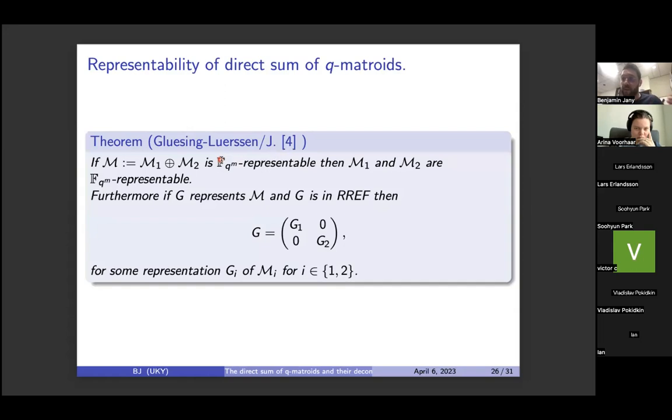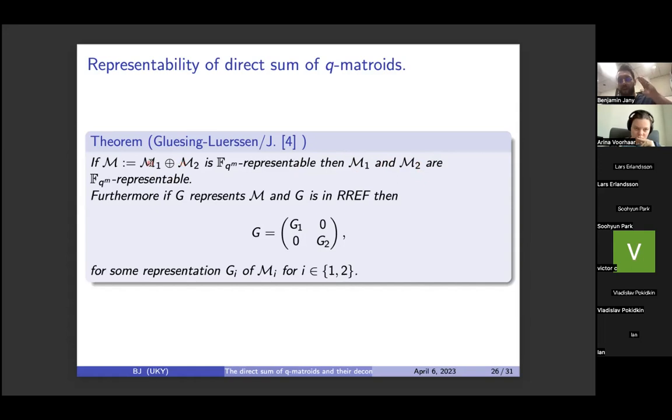So the first kind of result we can go in describing the representation of a direct sum is the following. If I already know that my direct sum is representable, then I know that M1 and M2, so each summand, will be representable as well.